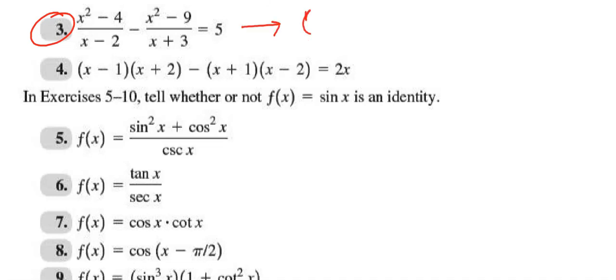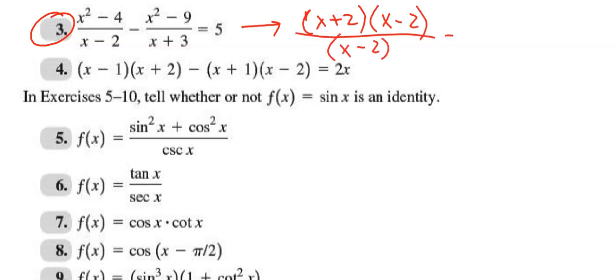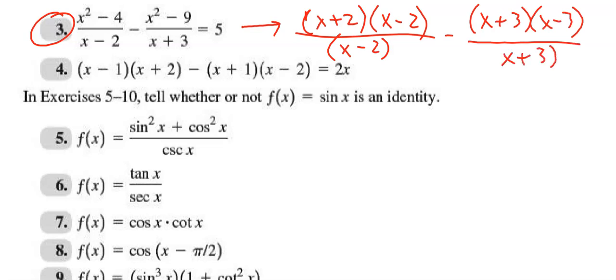So we have x plus 2, x minus 2 over x minus 2, minus x plus 3, x minus 3 all over x plus 3. Okay, so a lot of you were showing me that you got rid of the x minus 2's.